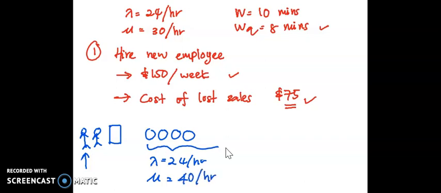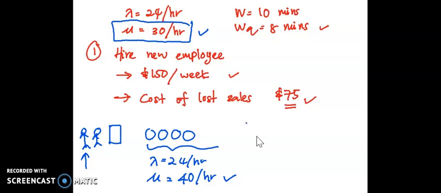Normally in the exam, this will be given, so you don't have to worry. This is just for the demo. Originally the service rate is 30, but now it has increased to 40 per hour. That means before this, in 1 hour you could only serve 30 customers, and now in 1 hour you manage to serve 40 customers.